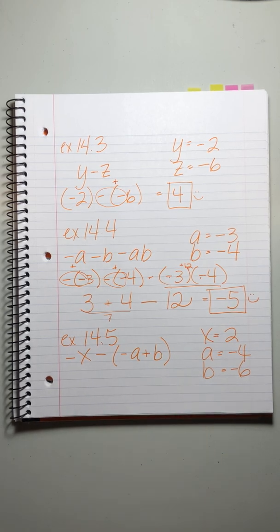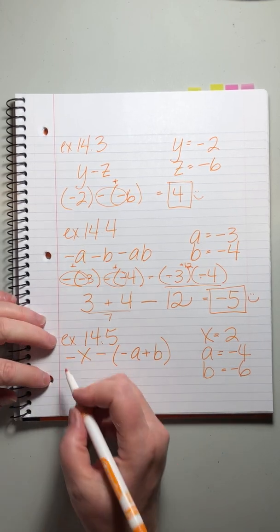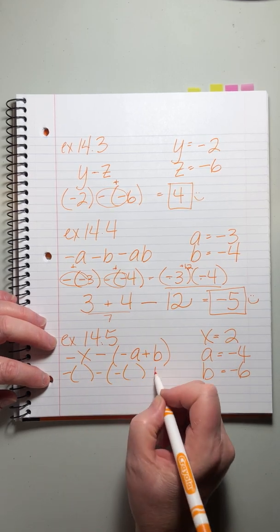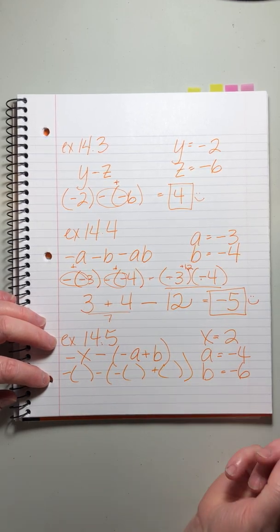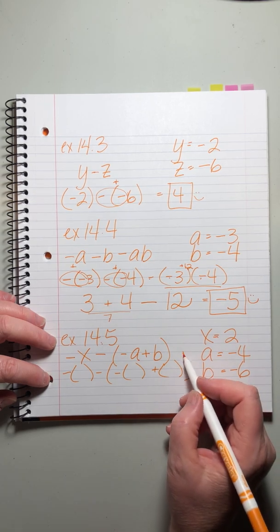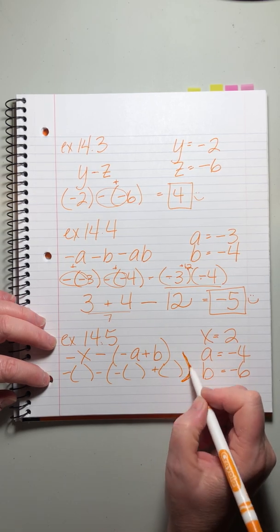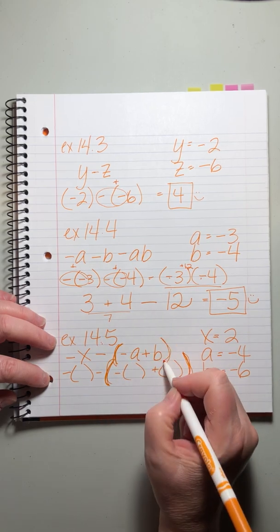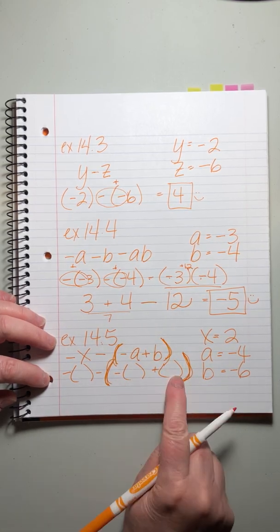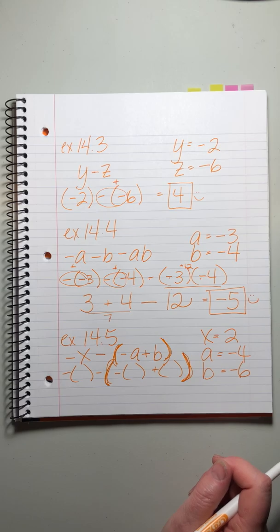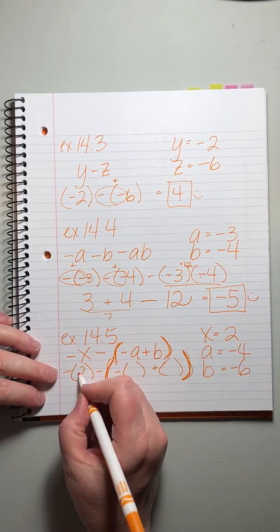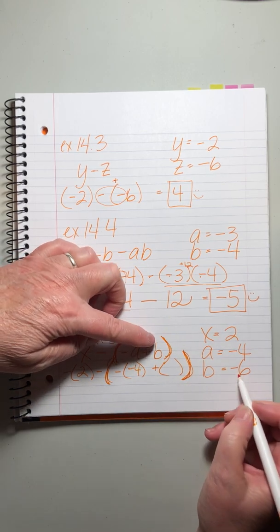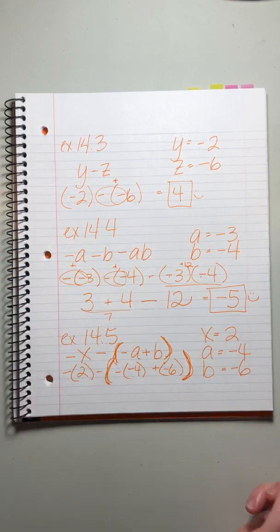Okay, perfect. All right, once again, we set up our buckets. And I exaggerate these parentheses. These match to these parentheses. And then here are my two little ones for the A and the B. Okay, x is 2, and then A is -4, and B is -6.